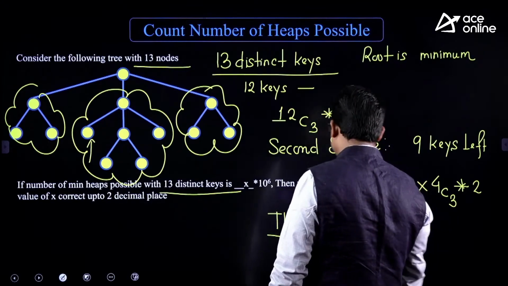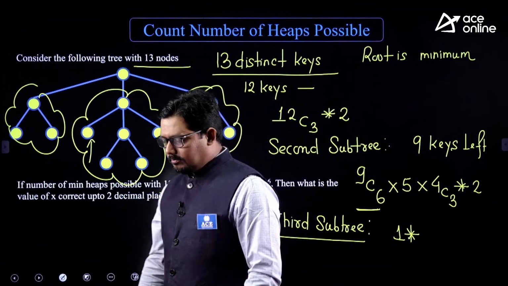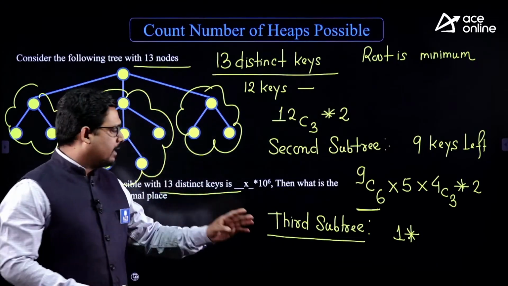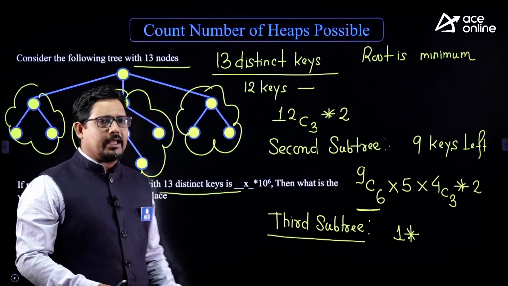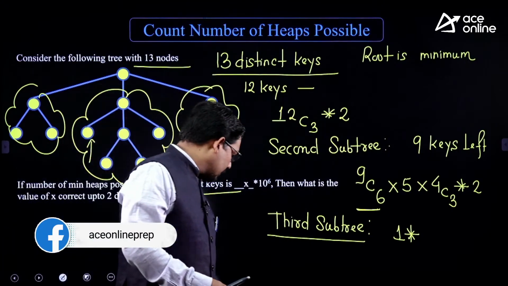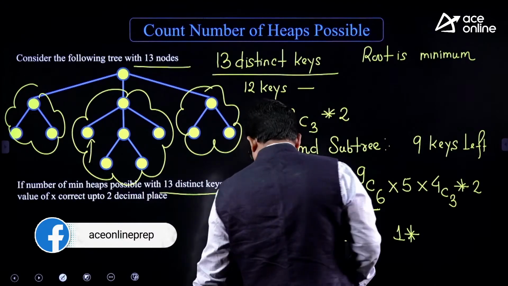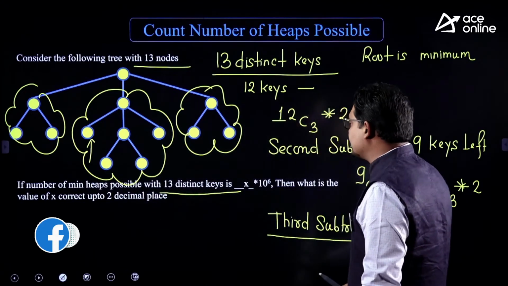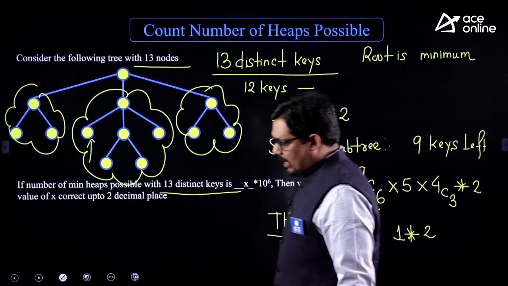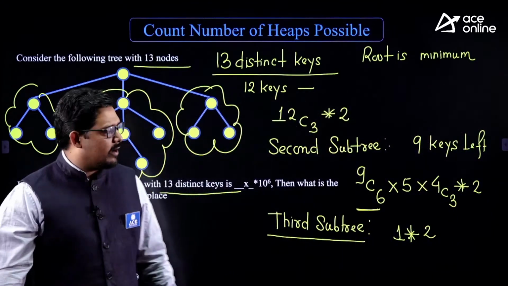But I know this concept that I am using from the beginning, that these 2 nodes can interchange the left and right subparts, so they can arrange themselves in 2 ways.